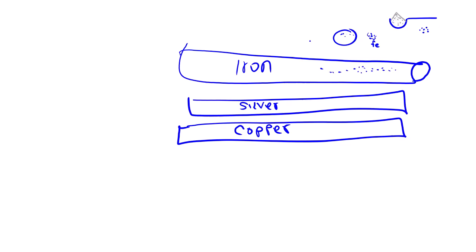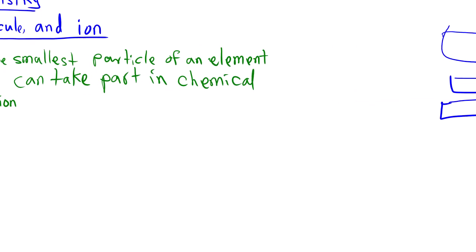Element is a general term that could be a single atom, 2 atoms, 3 atoms, 100,000, trillions, the whole heavy metal. That is just element. But when you talk about atom, we are referring to a single particle within the element.